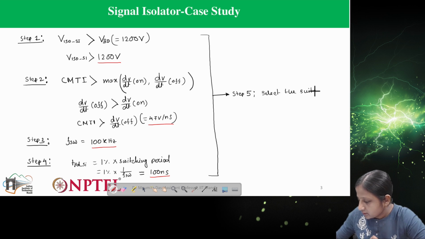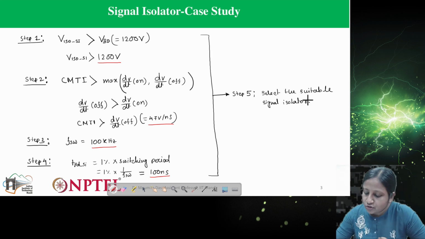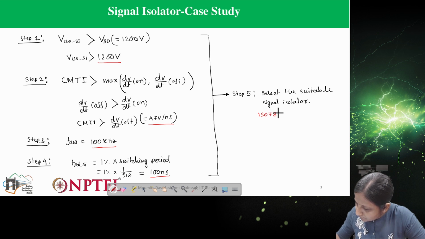Suitable. So in this particular design, based on the ratings, the signal isolator which is selected is ISO7841X.